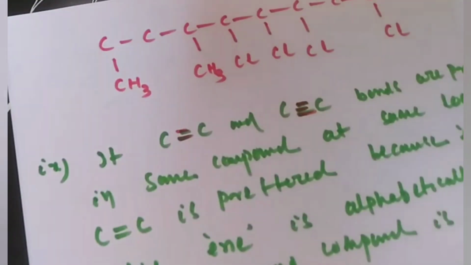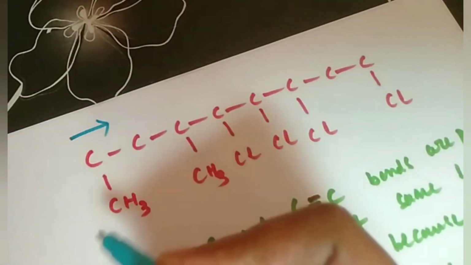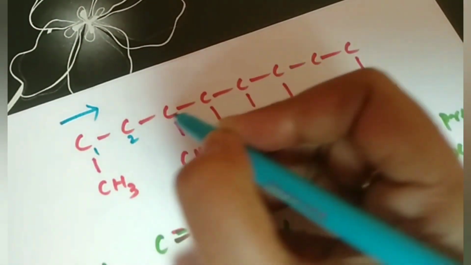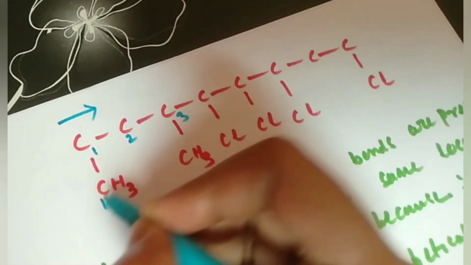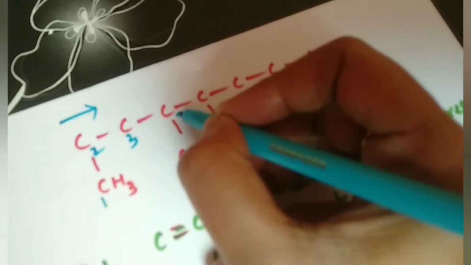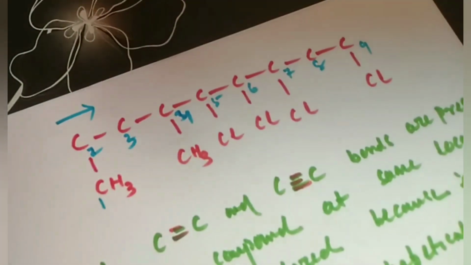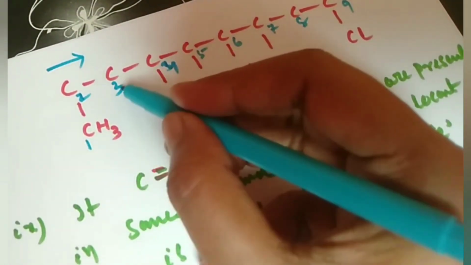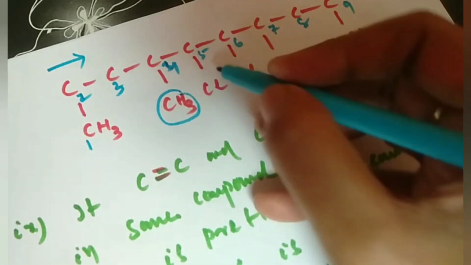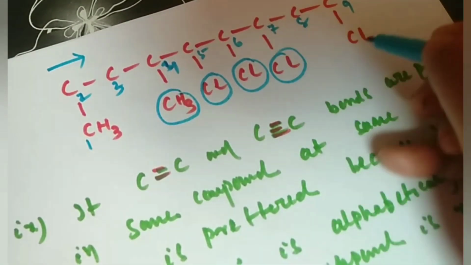Now see here, one example is there. If I number from left to right, suppose this is your 1, 2, 3. If I proceed from this side, 1 2 3 4 5 6 7 8 9, so in total 9 carbon atoms are there, in which at the 4 position there is methyl, in 5 there is a chloro, 6 chloro, 7 chloro, 9 chloro.